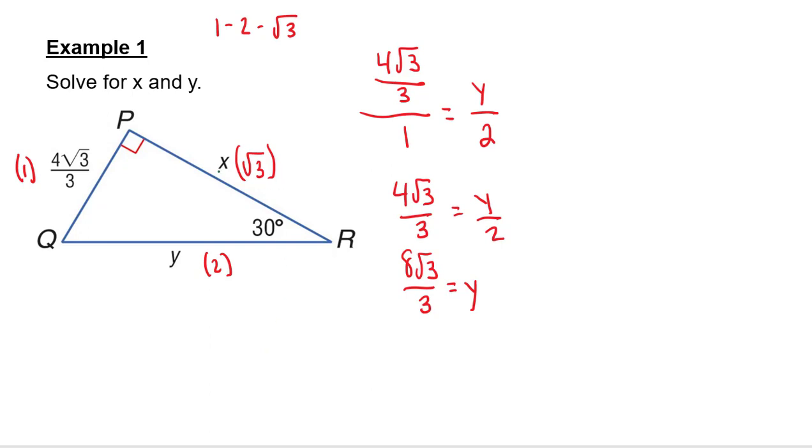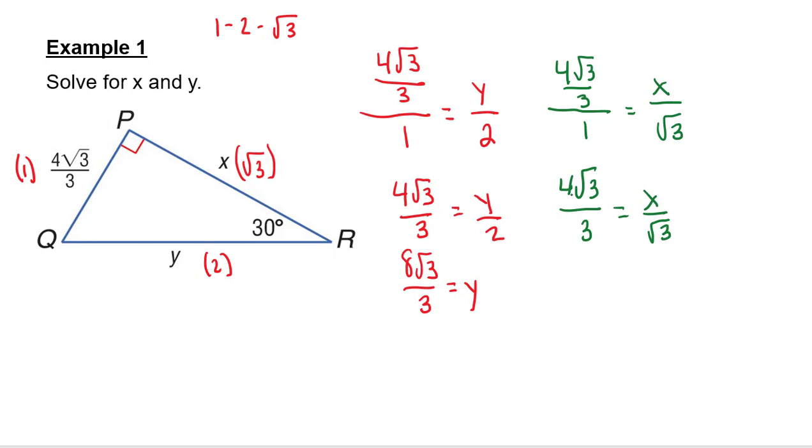So now to solve for x, it's the same thing. So 4 root 3 over 3 all over 1 is equal to this side in this triangle, remember corresponding parts, over root 3. So again, remember when I have something over 1, I can just write it like this.